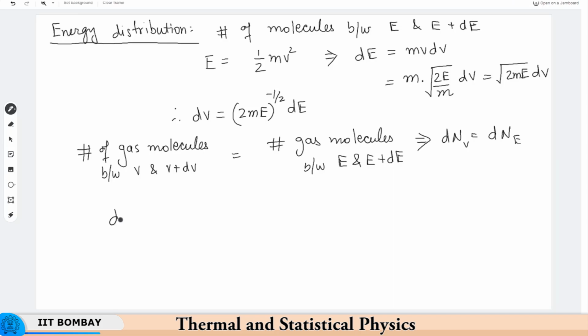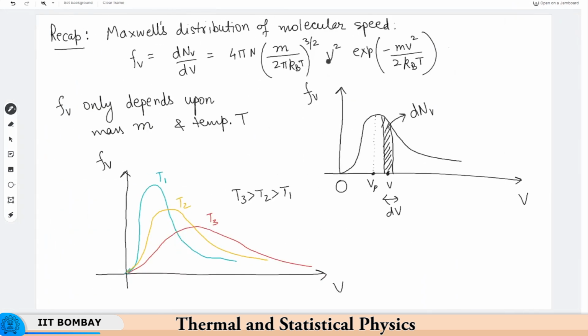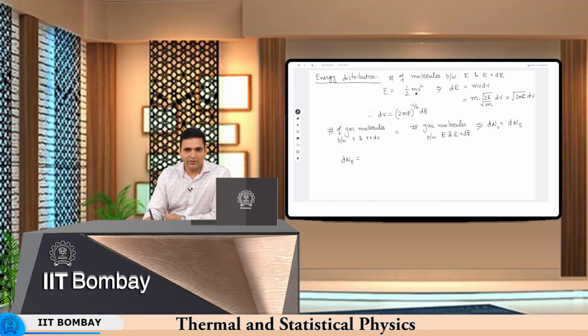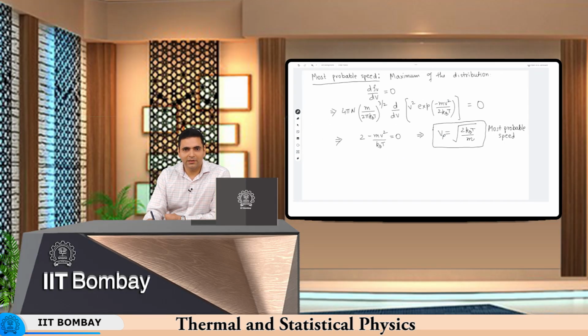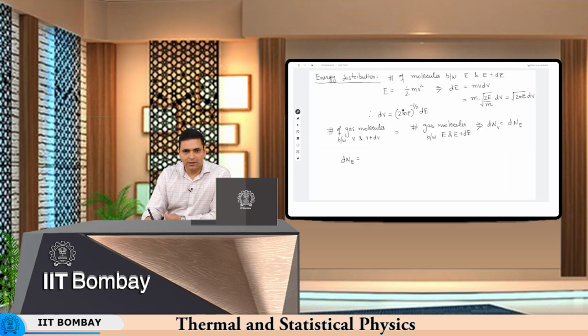So, our d of N_E simply becomes, all I am doing here is replacing the velocity or the speed V in terms of E. So, our V squared becomes 2E by m. Similarly, here I replace V squared by 2E by m, and the dV becomes (2mE) raised to the power minus half dE.